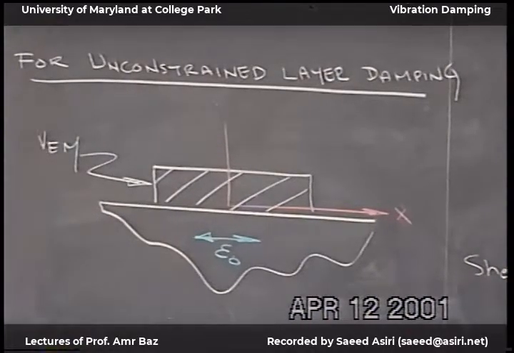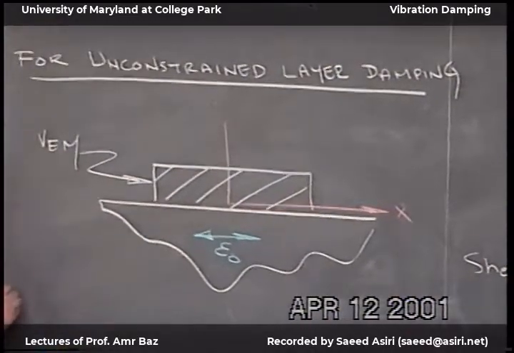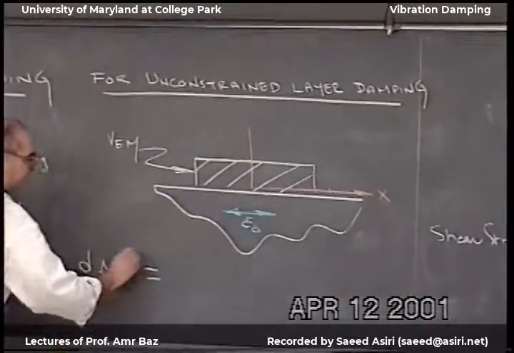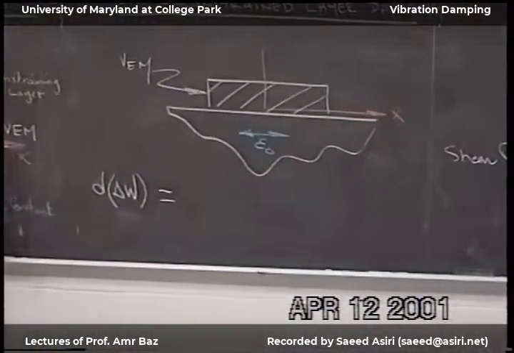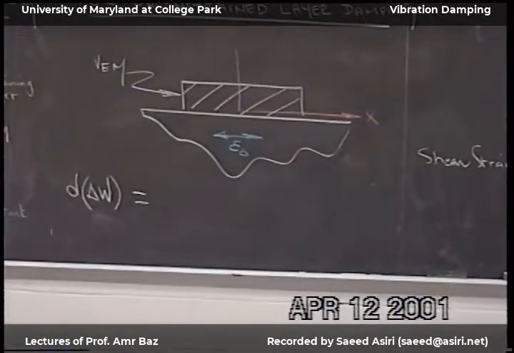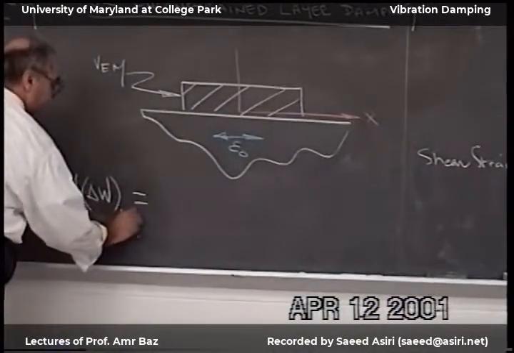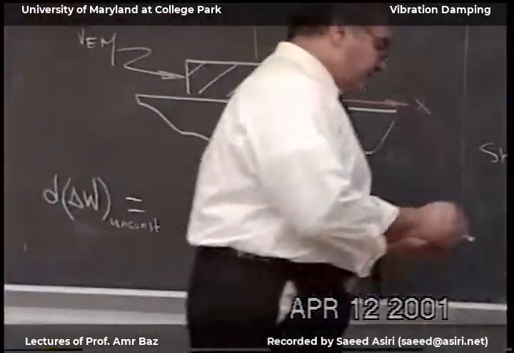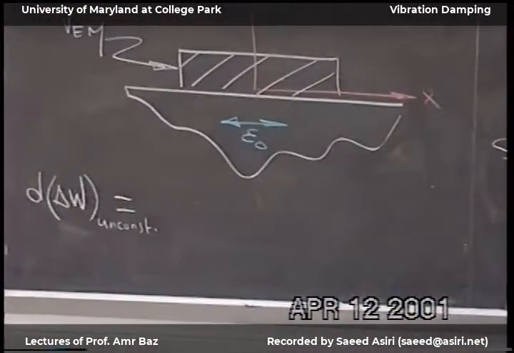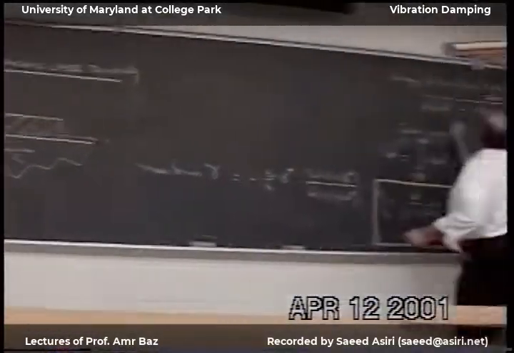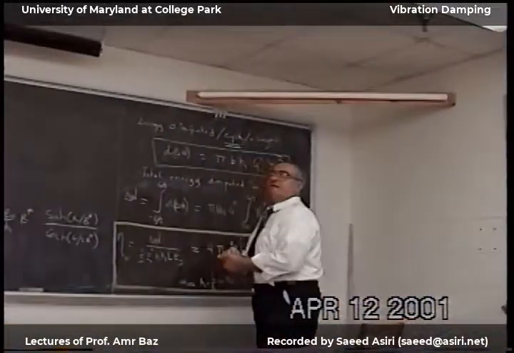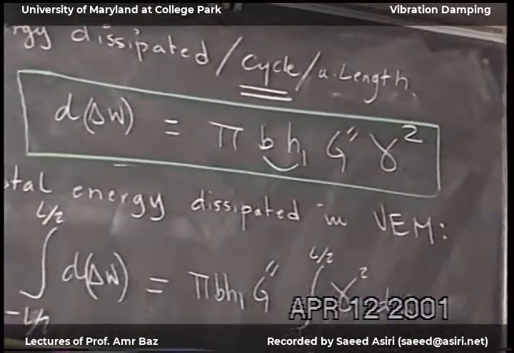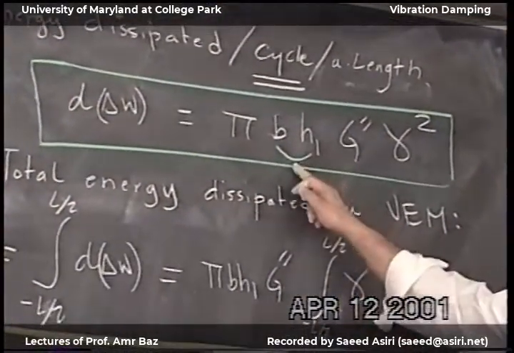So now I can calculate del W when I have the unconstrained case. To look very similar to this. Here, I have the area of the cross-section of the viscoelastic material.